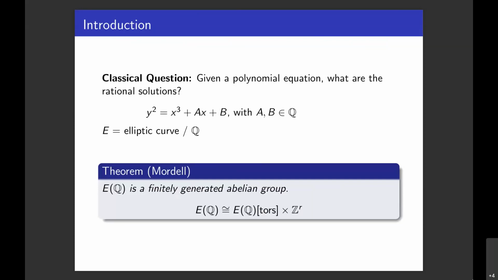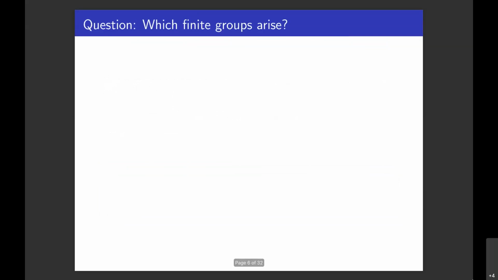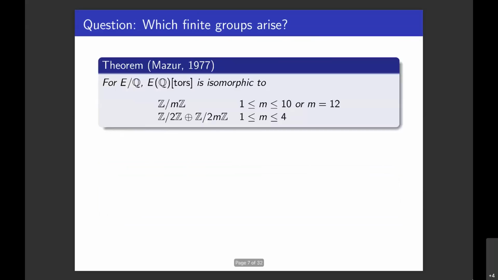Remember, a torsion point is a point of finite order. So a natural next question to ask is what finite groups arise? In 1977, Barry Mazur completely classified the torsion subgroups that arise for elliptic curves defined over the rationals.